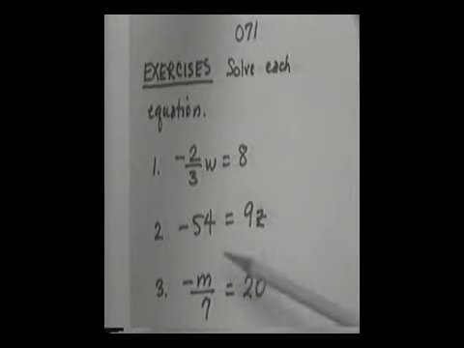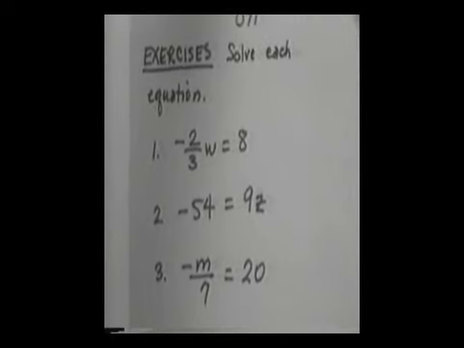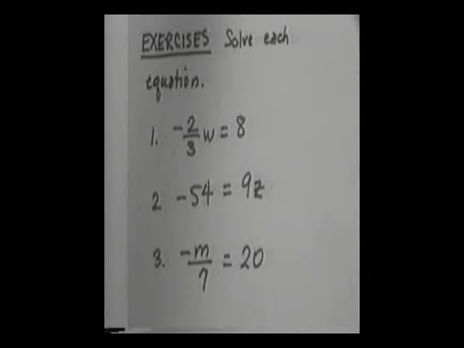Exercise 2, negative 54 equals 9z. And exercise 3, minus m over 7 equals 20.